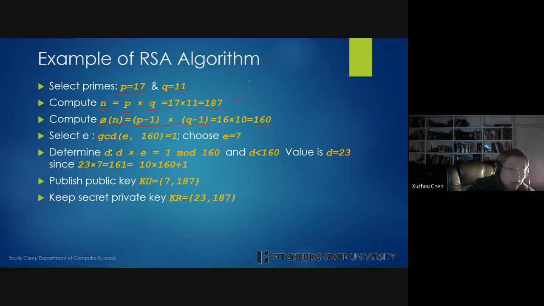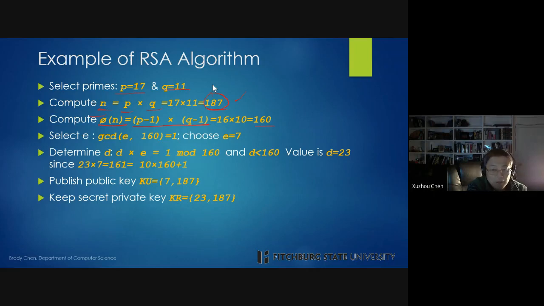So I lied. Once you publish the number N, 187, people can figure out the factors. They can easily find P and Q because the prime numbers I gave, 17 and 11, are too small.